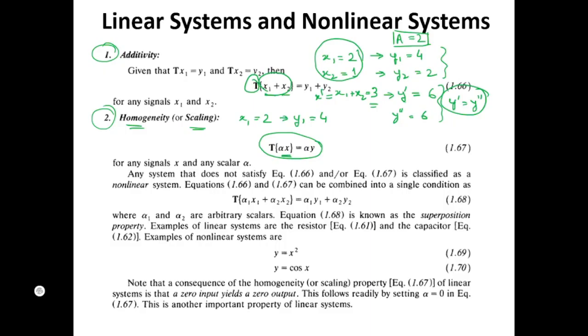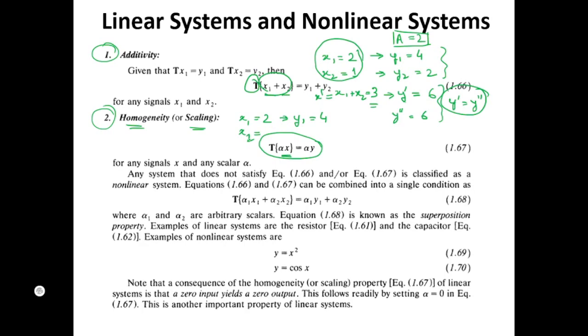So if you see over here, what has happened in the next case, if I say x2, what is happening?